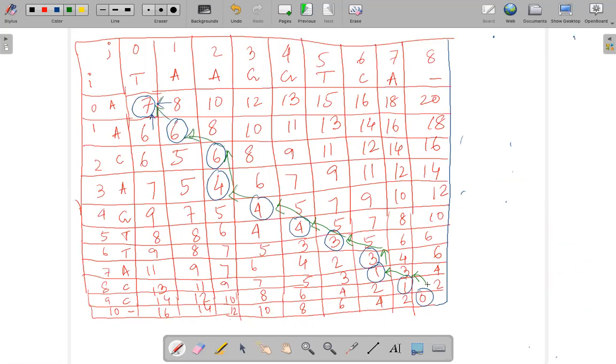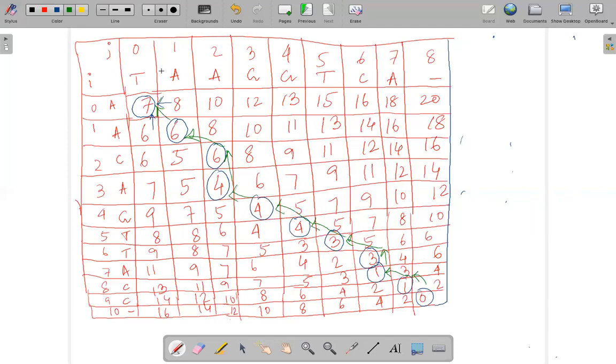So it's like match mismatch, match mismatch, gap, match mismatch, match mismatch, match mismatch, match mismatch, gap, match mismatch, and match mismatch. Now how do we construct this route?